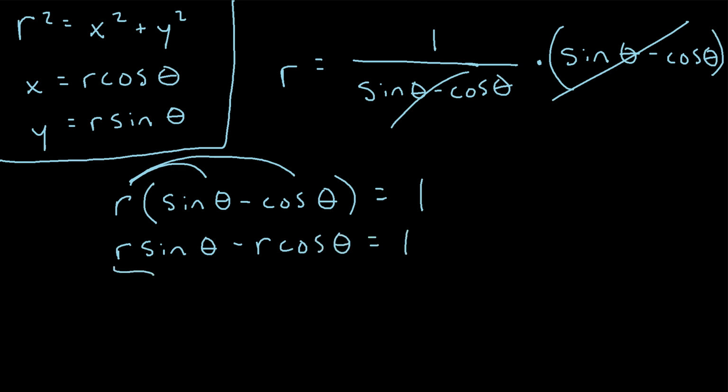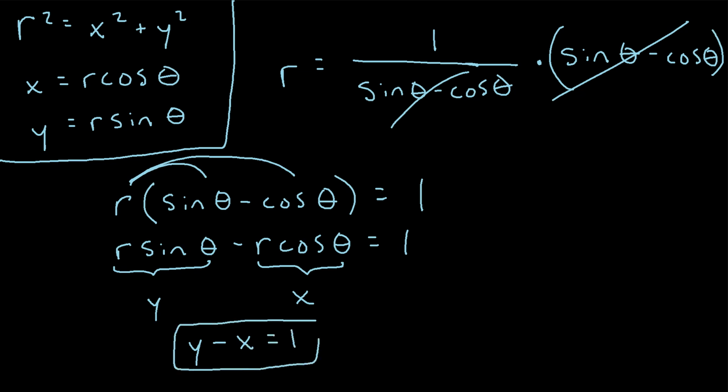Notice that r times the sine of theta is just equal to y, this third equation right here. So this can be reduced to y, and r times the cosine of theta is equal to x. So this becomes x. So our final answer just becomes y minus x is equal to 1. That is our final answer. That's how we can write this original polar equation as a rectangular equation instead.